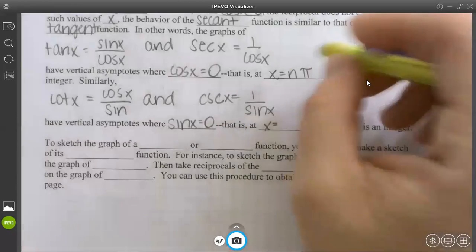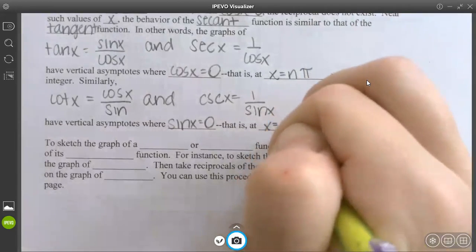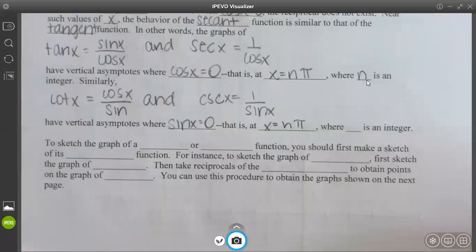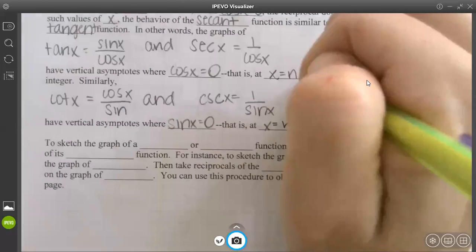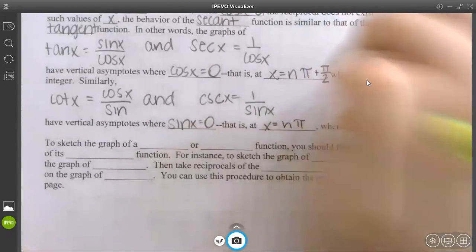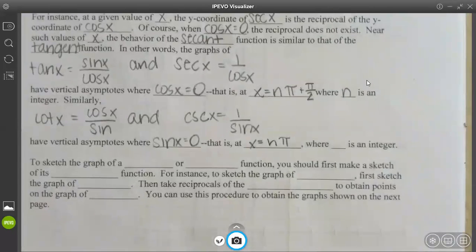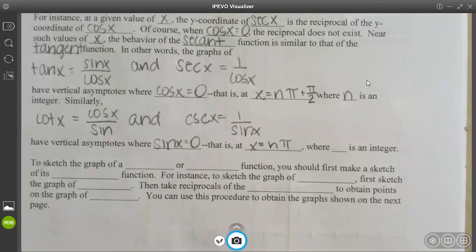Oh, I'm sorry, I wrote this wrong. This one is n pi. Sine is n pi. Up here, just add a plus pi over 2. Sorry. We did that in the very beginning. So n pi plus pi over 2.